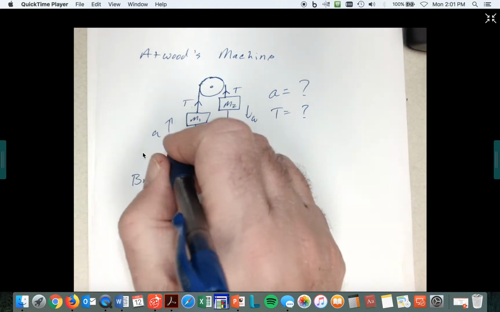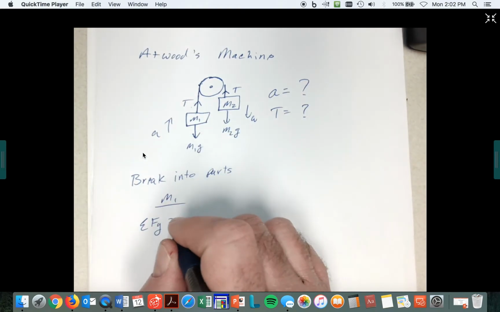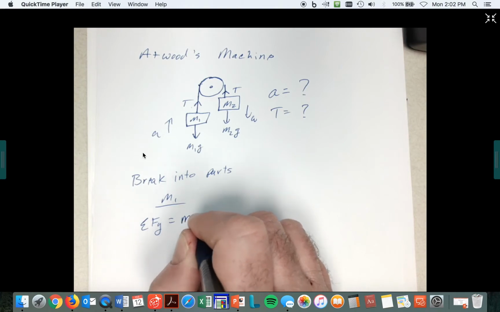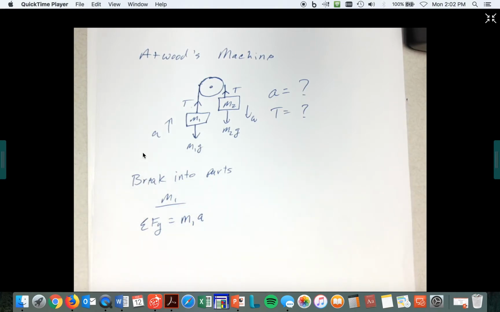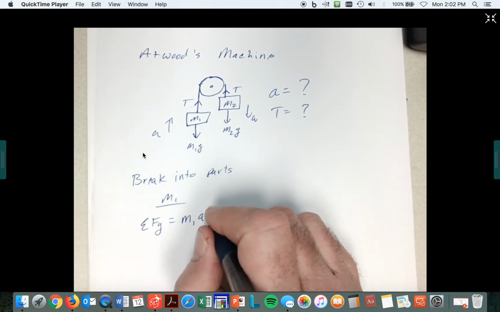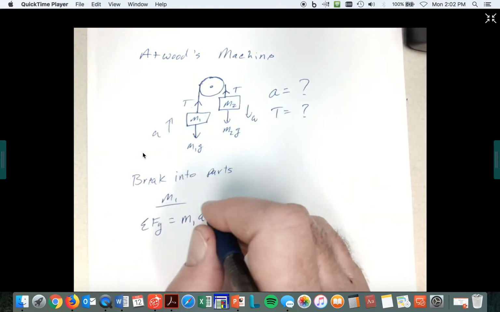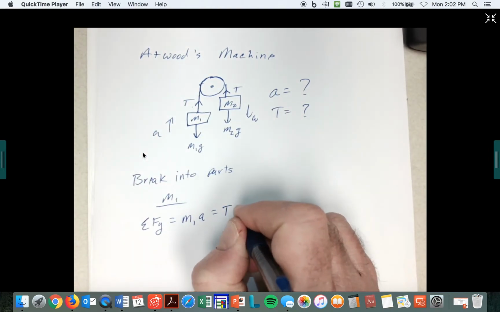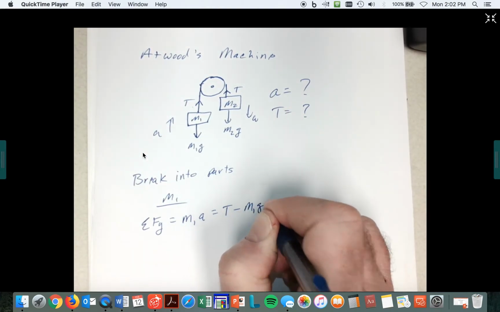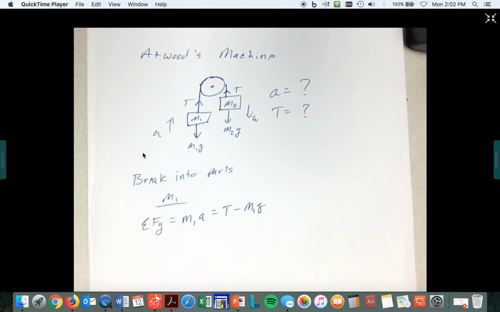So the sum of the forces in the y direction for mass 1 is equal to m1 times a, which is equal to T minus m1g. If I was given the two masses, I've got two unknowns and one equation. Well, that's fine.